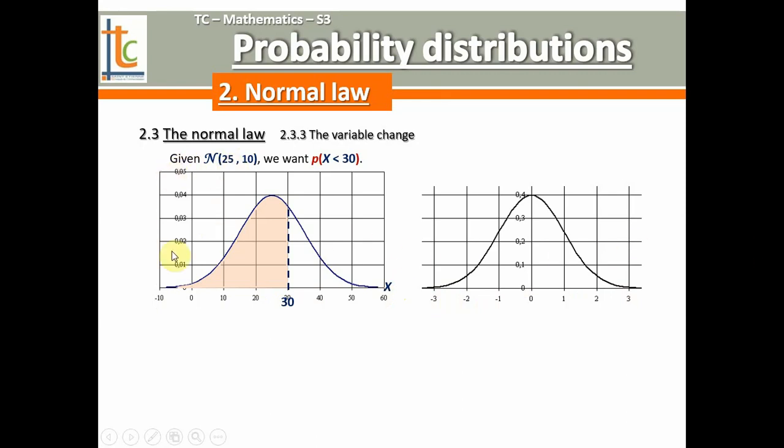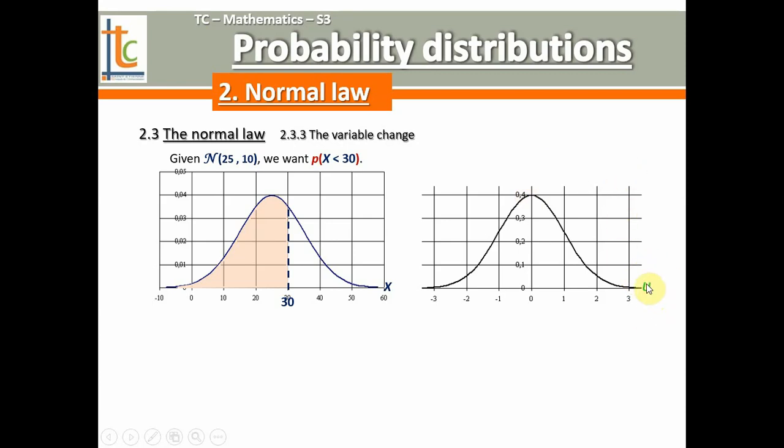And of course, the scale of the vertical axis is changing as well, because the total area for both curves always equals 100%, so 1. But it's not very important, okay? The vertical values are not very important. What is important is to be able to translate this question with respect to some value of x into a question with respect to the value of u, that is the name of the value of the standard normal distribution.